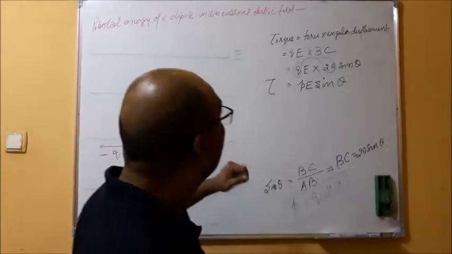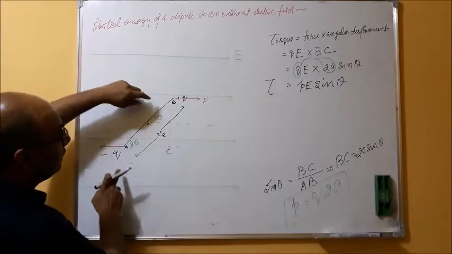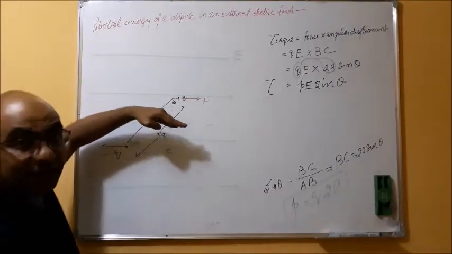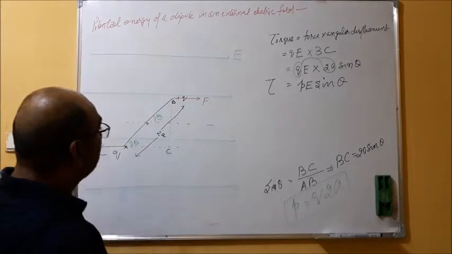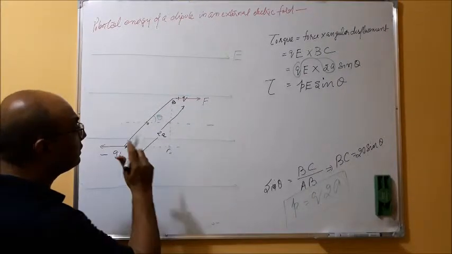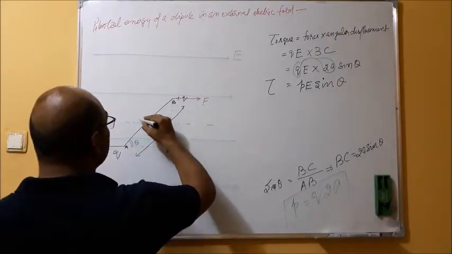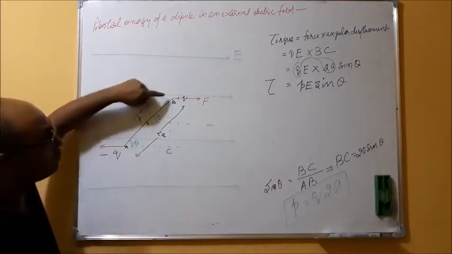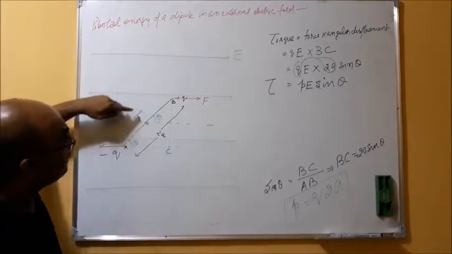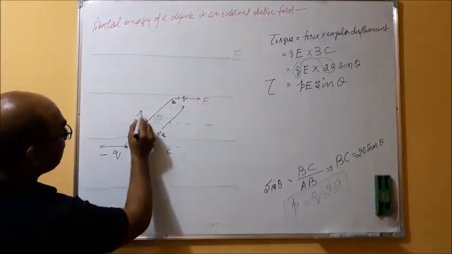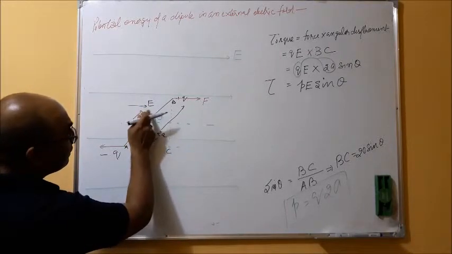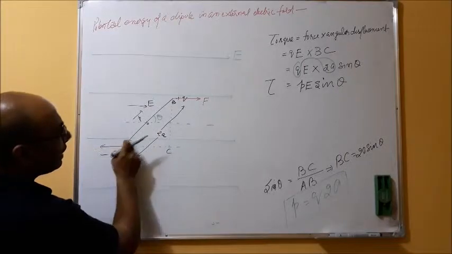So what we have got? We got that if this electric dipole is placed at an angle theta with this electric field, then, in short, because we know the direction of P is always from minus charge to plus charge, and the direction of the electric field is this, the P and E are at an angle theta.